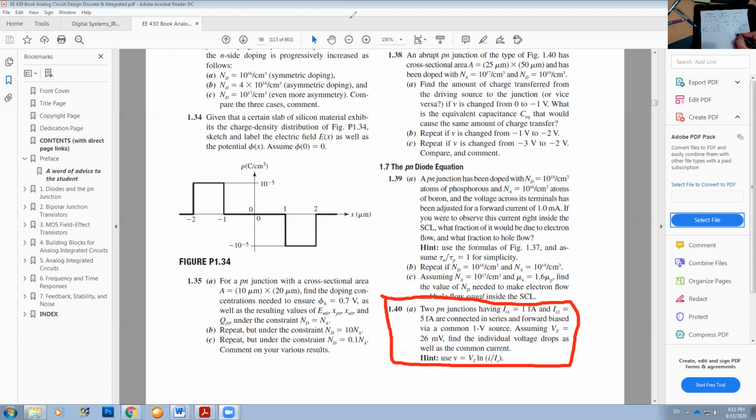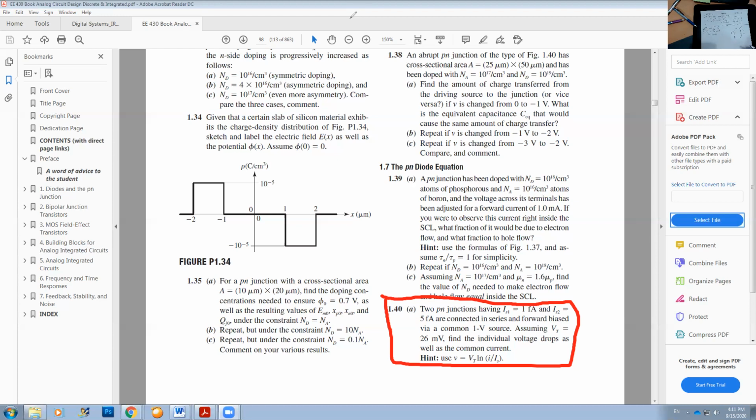So most likely we have 1 volt. Assume VT is 26 mV.